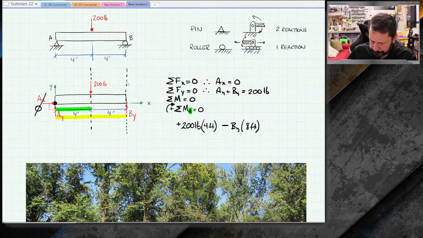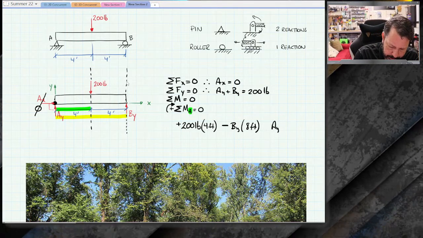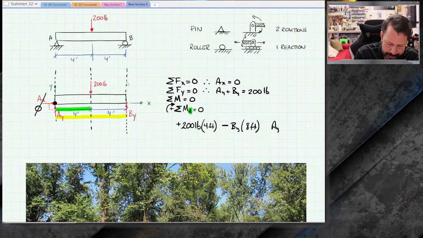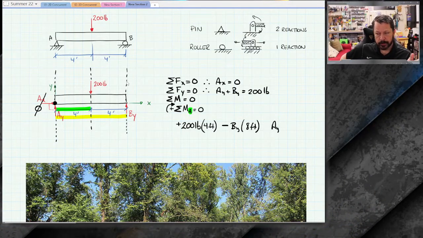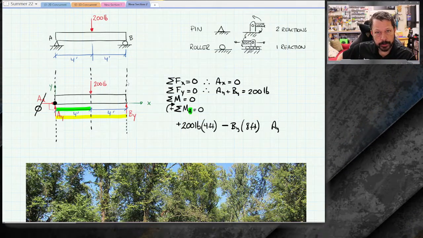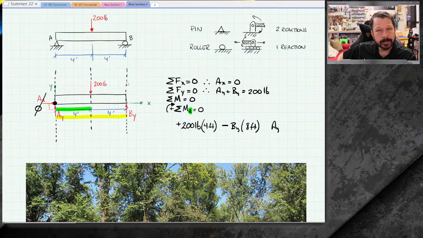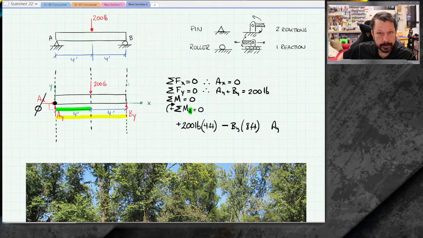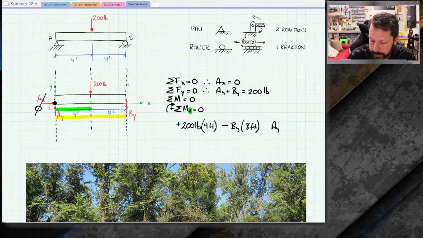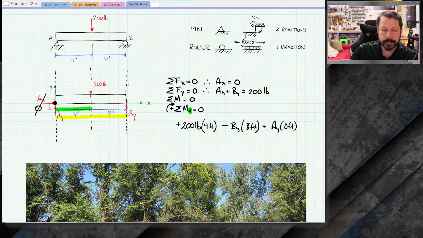Now AY. So AY, its line of action actually goes through point A. If you ever end up in that scenario where the line of action for your force goes through the point that you're interested in, then that's force times 0 distance. So AY times 0 feet. It doesn't need a plus or a minus because it's just going to be 0.